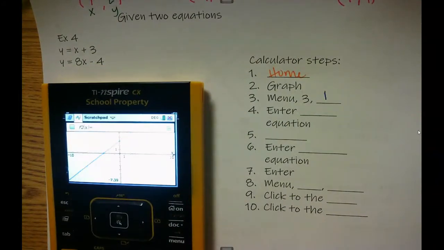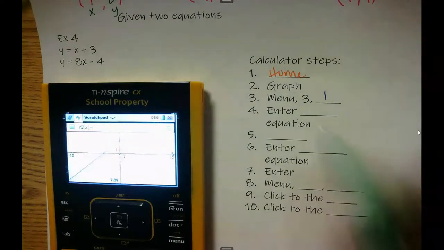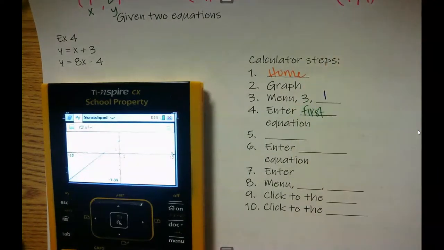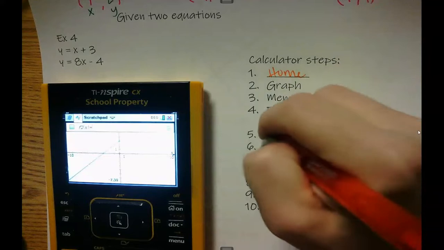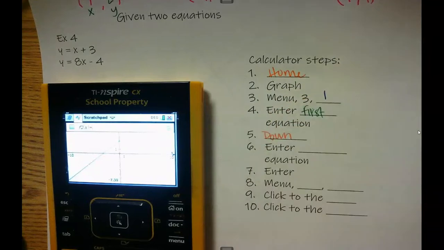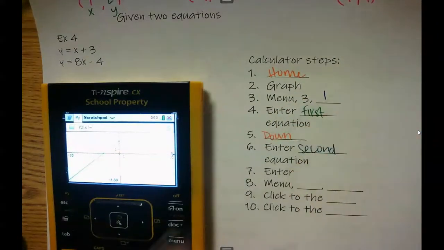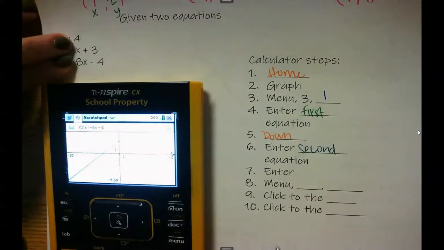And then this says enter first equation, and press down. Enter in your second equation, 8x minus 4. Notice I'm only entering in after the equal sign.